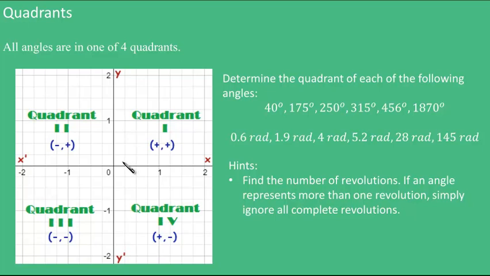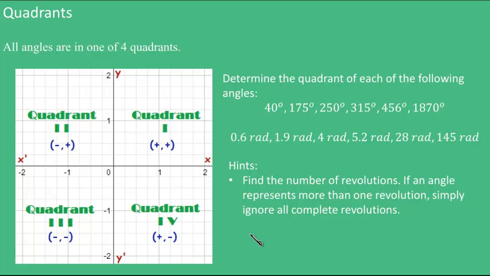A very important skill is to be able to determine in which quadrant the terminal side of an angle in standard position falls. So here's an exercise. We're given some angles and we're asked to find the quadrant for each. Here's a hint. All we need to do is find out how many revolutions or how much of a revolution a certain angle represents. If it represents more than 1 revolution, simply ignore the whole number of revolutions.